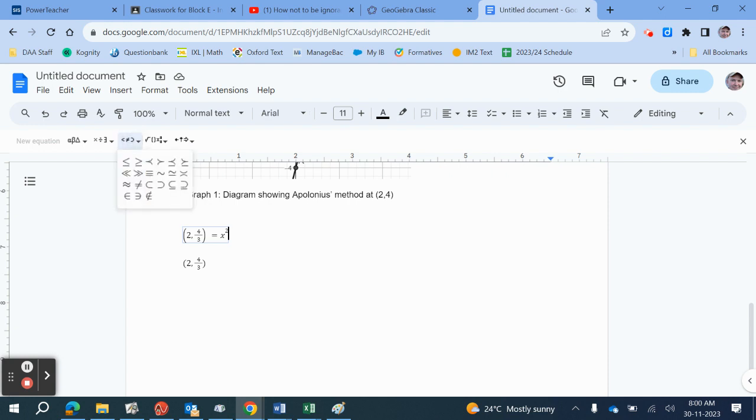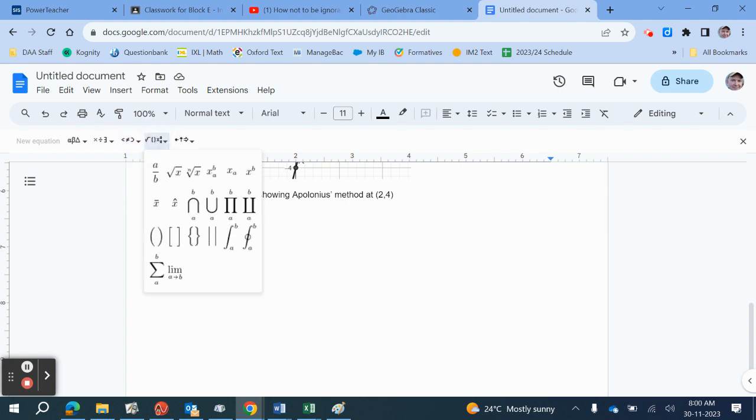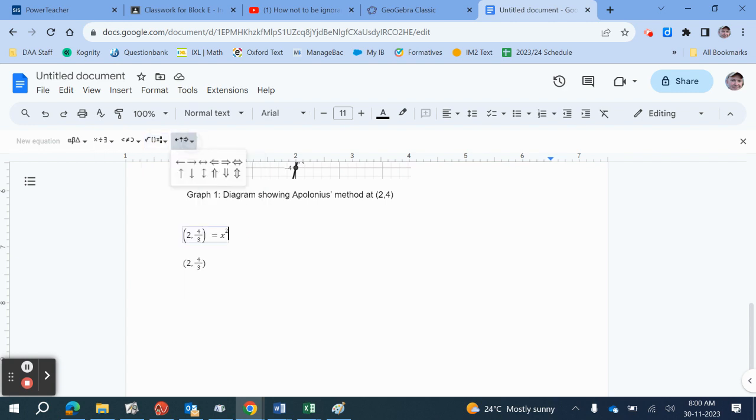Some things that you won't find in here. Microsoft Word is much better than Google Docs when it comes to the equation editor and things you'll find. But you will find the implication symbol here, so you can do this one correctly. If there are bits and pieces that are missing, it's really easy to find them in Microsoft Word, like the double stroke characters for integer, real, complex numbers, and those types of things.